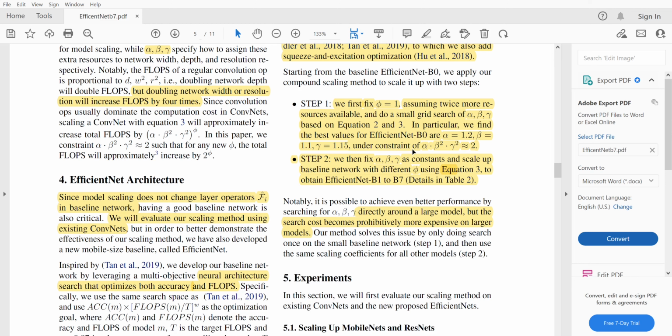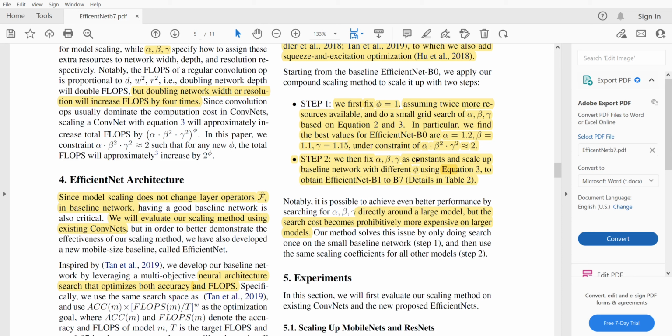So to make any EfficientNet, step one, first we fix phi as 1, assuming twice more resources are available, and do a small grid search of alpha, beta, gamma based on equations 2 and 3. In particular, we find the best values for EfficientNet-B0 are alpha 1.2, beta 1.1, gamma 1.15, under the constraint that alpha times beta squared times gamma squared is approximately 2.